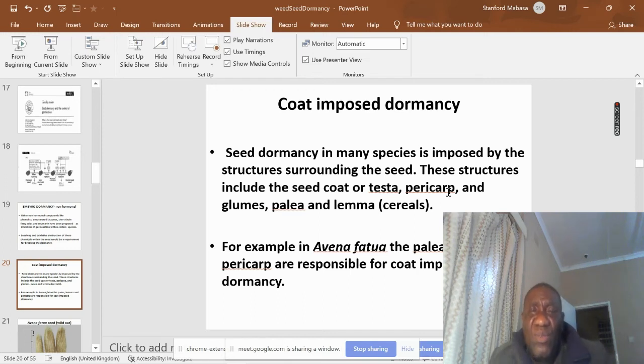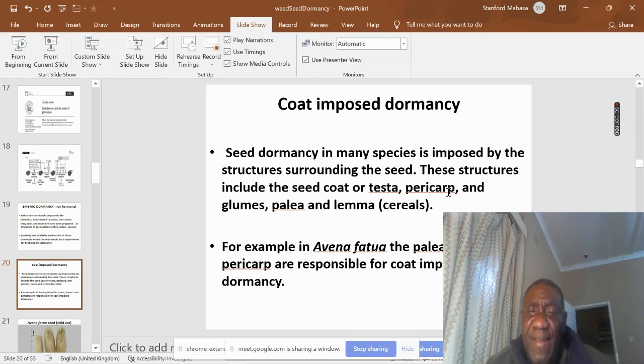Now, we are going to explore the coat-imposed dormancy. This is the outside covering of the seed, which may restrict the growth of the seed. So, seed dormancy in many species is imposed by the structures surrounding the seed. These structures include the seed coat or testa, pericarp, and the glumes, palea and lemma in cereals.